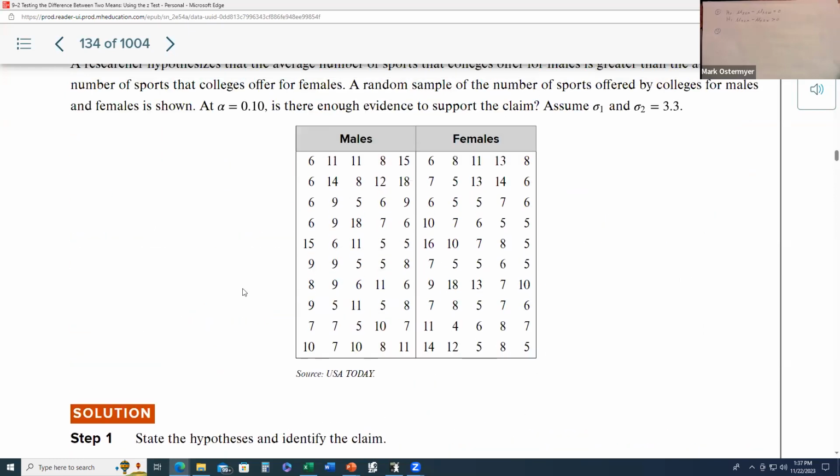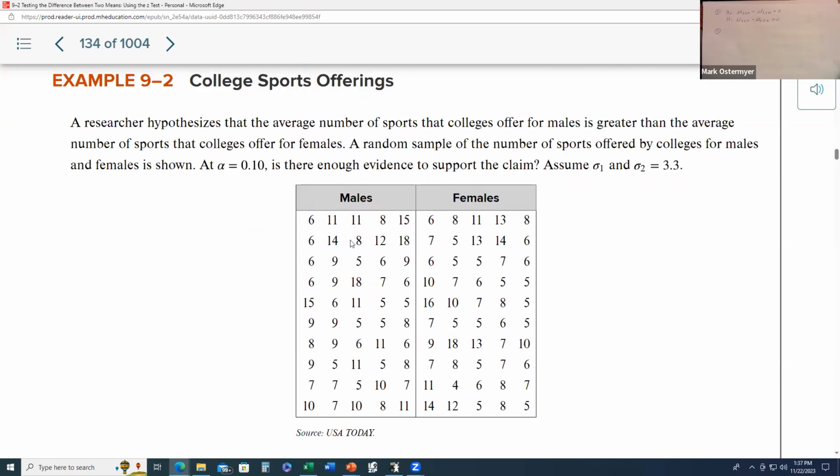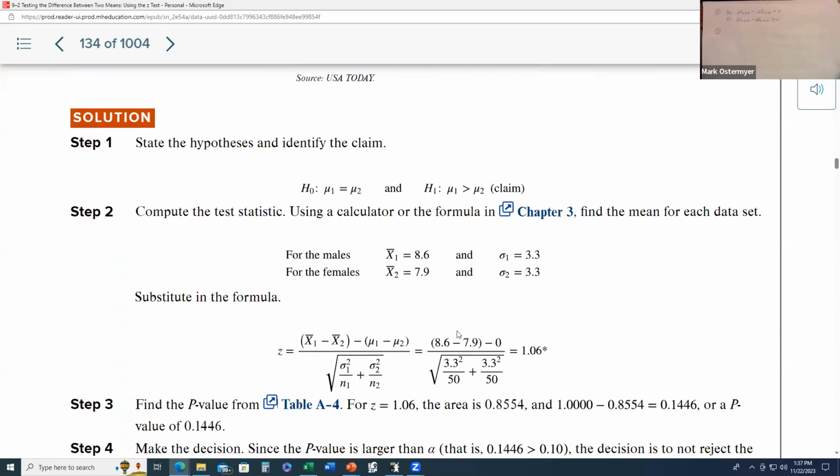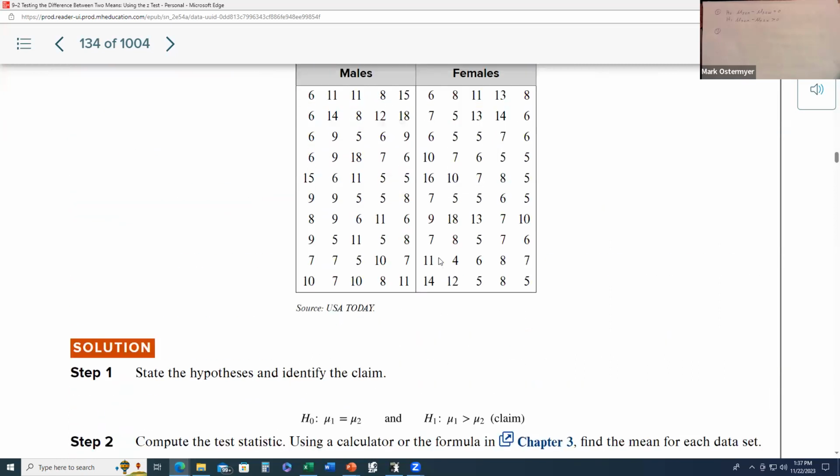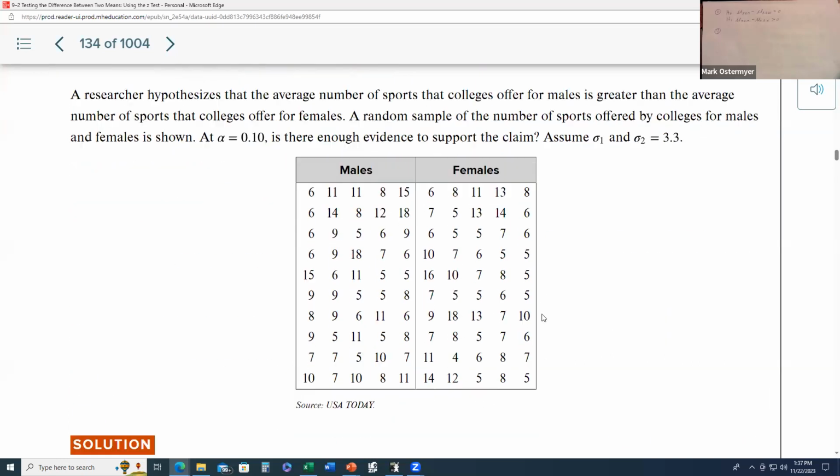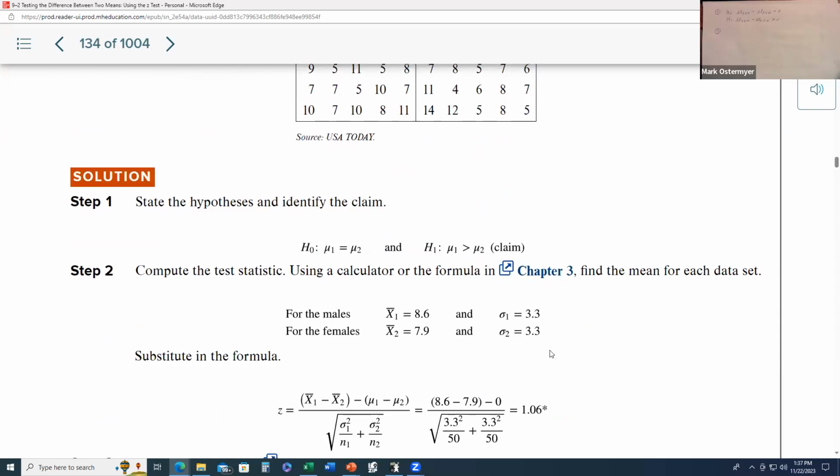But here they're giving us the raw data sets. Look at this. These are random colleges that offered so many different sports for males and females. If you were to compute the mean of this male data set, you should get 8.6, and for the female data set, you would get 7.9.